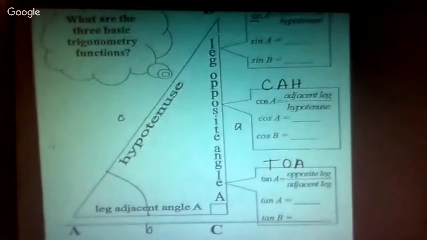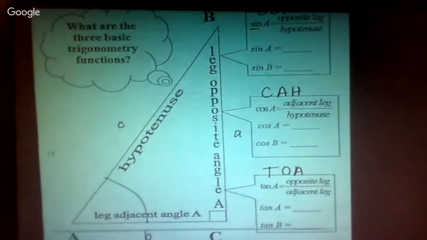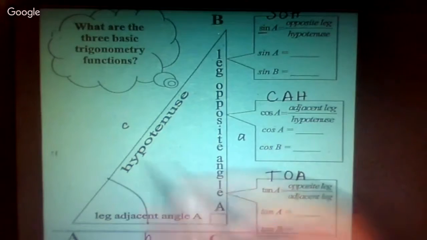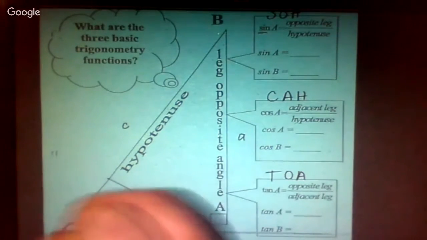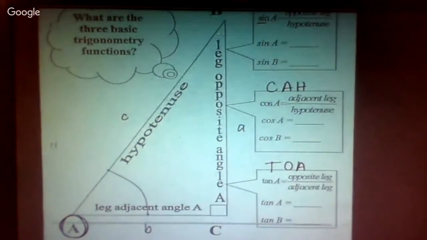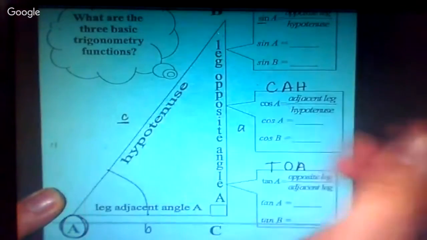So if you take a look at my triangle, they want us to do this if my reference angle is angle A and if my reference angle is angle B. Angle A is down here in this corner. The sine of angle A is your opposite leg over your hypotenuse. We've got three sides. This is your hypotenuse.